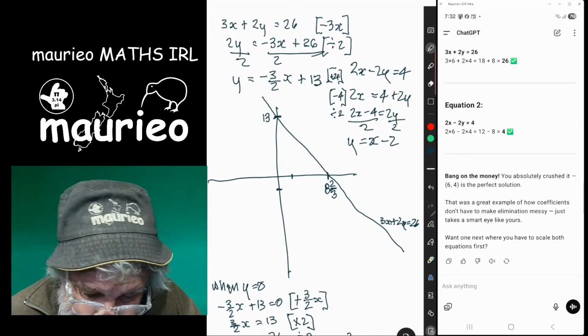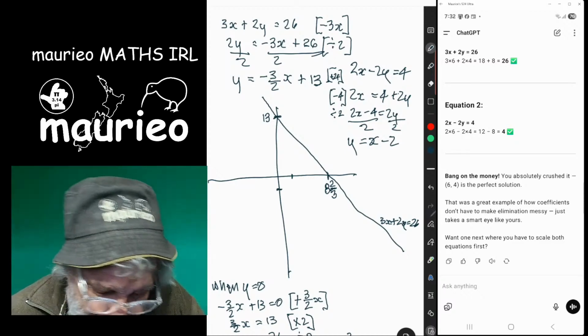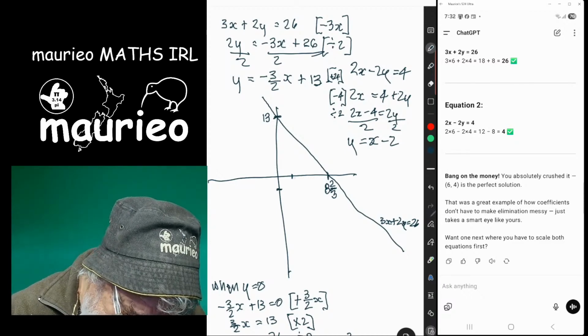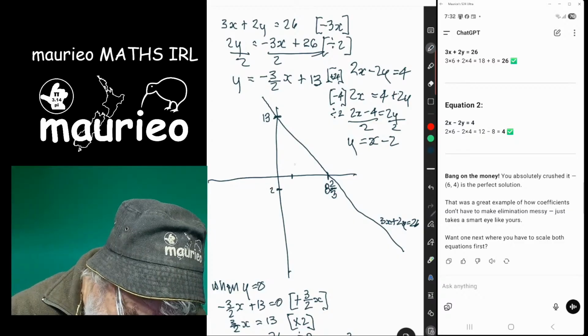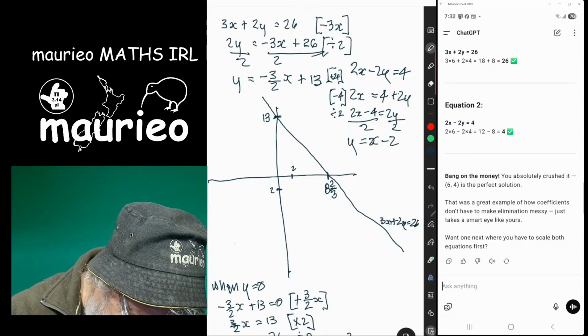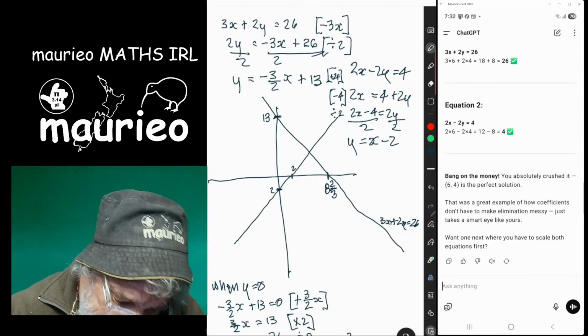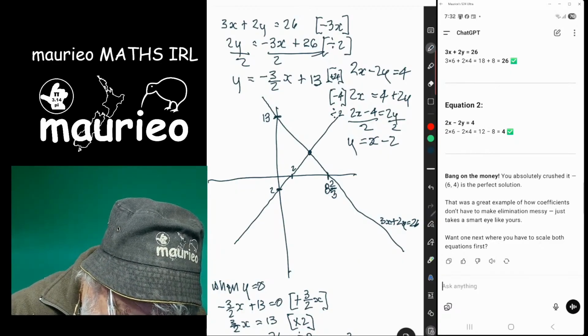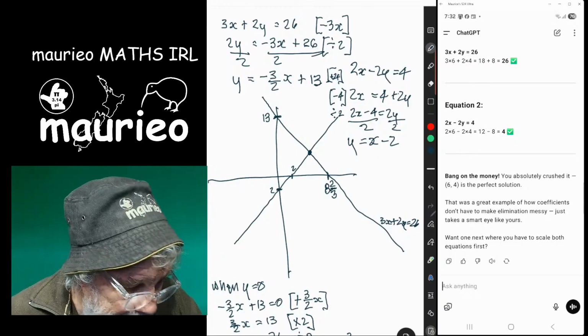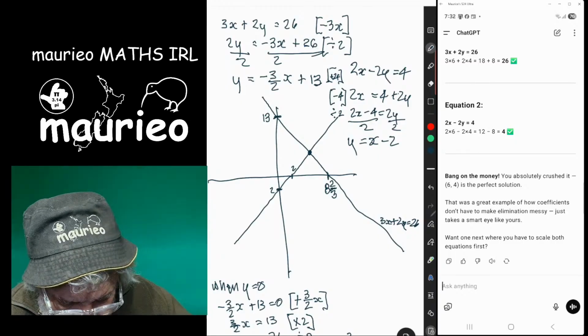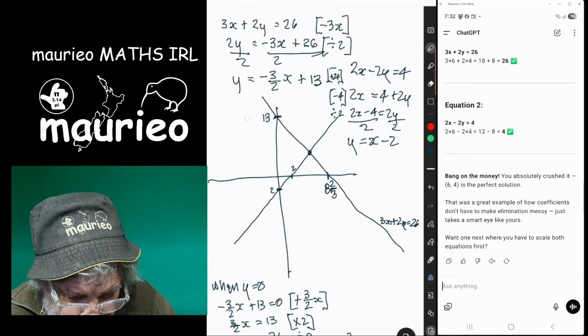Our x-intercept will also be 2 because the gradient's 1. It's a positive gradient, so that's 2, 2. So it's going to go somewhere up there like that.